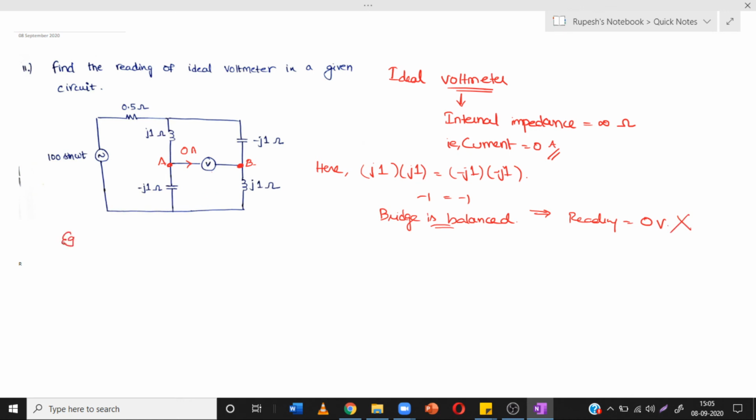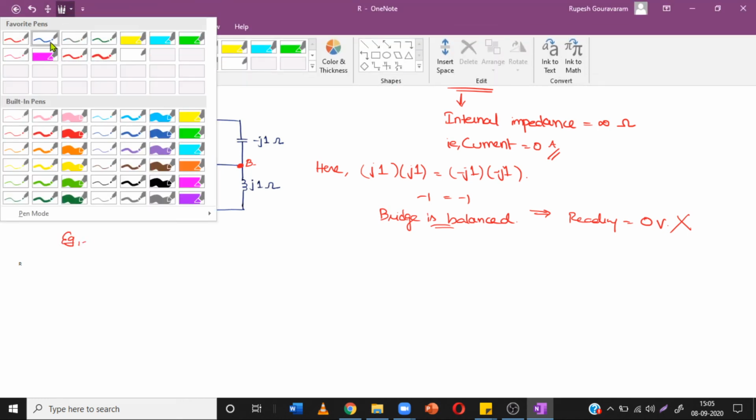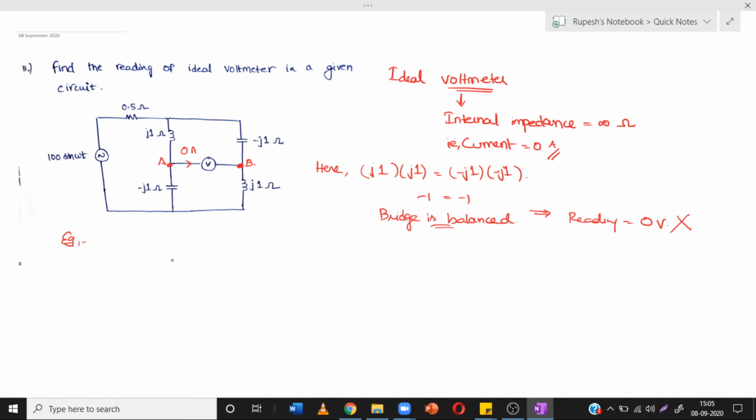Take an example like this. Same circuit with different values I will take like this.